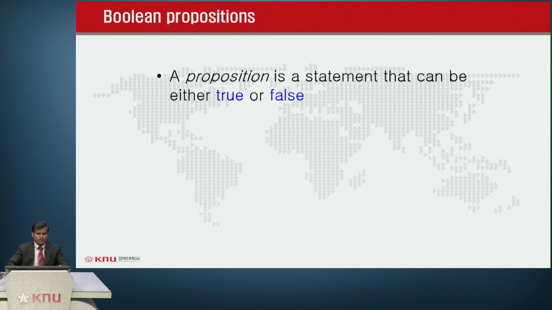So what is a proposition? A proposition is a statement that can be either true or false, but not both. So a proposition is a statement that can be either true or false, but it cannot be both.